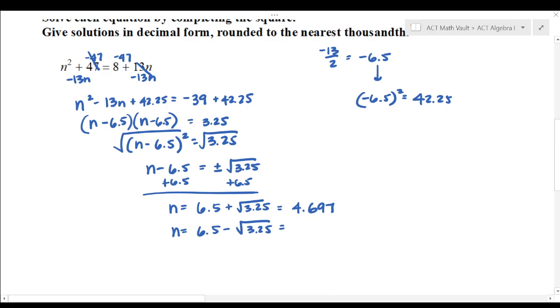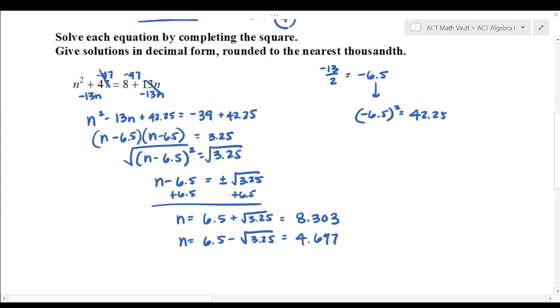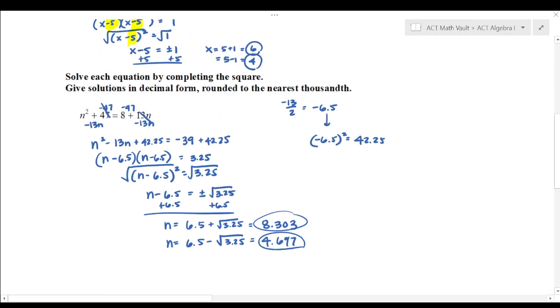Okay, I actually need to do the plus. So this is down here, and up top, I did them backwards. So this one is 8.303. So there you have your two answers after completing the square, even if that middle term was an odd number.